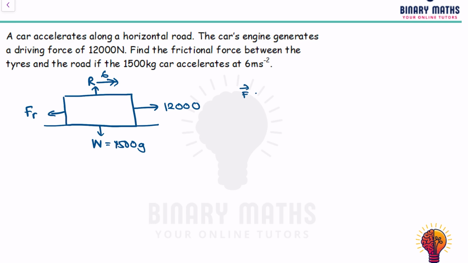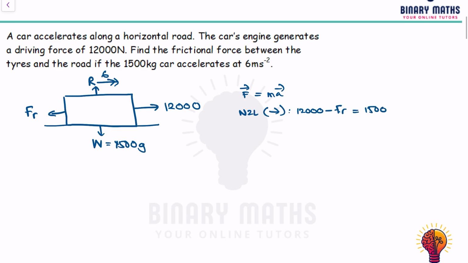Resultant force to the right is equal to mass times acceleration to the right. So Newton's second law applied horizontally gives us the resultant force, because it's moving to the right, it must be equal to 12,000 take away friction, which is acting in the opposite direction, which must be equal to mass, 1500, times acceleration, which is 6.